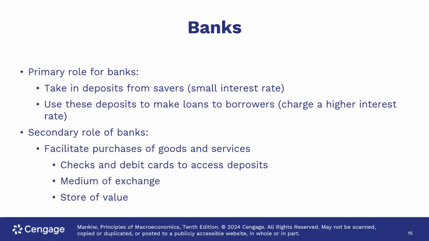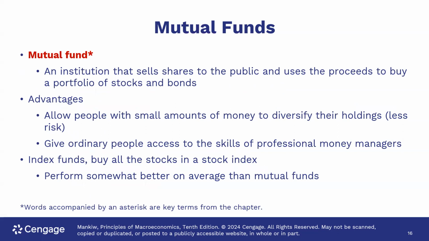So the bank is the most important financial intermediary in the financial system. So in some Asian countries, the bank is even the only form of financial intermediary in the financial system. And actually, there's another type of financial intermediary, and it has an increasingly critical role in indirect finance, and we call that mutual funds.